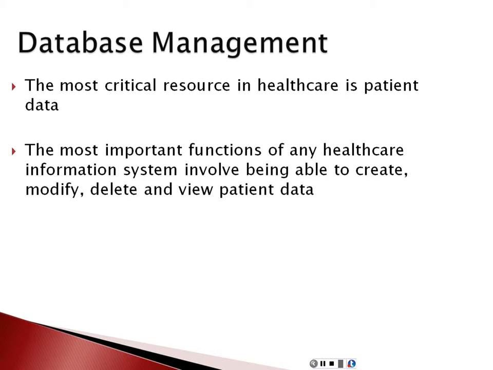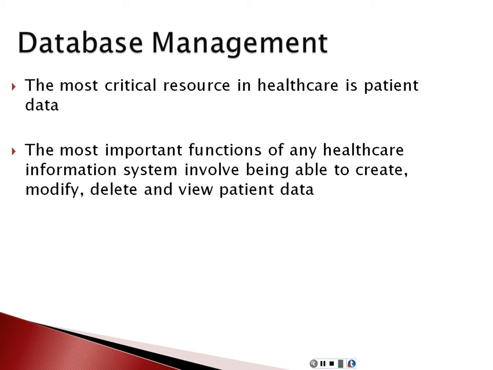Now, the most important functions of any healthcare information system involve creating the information, being able to modify it, delete it if needed, and to actually view patient data. Especially with the electronic health record, we have to not only have the data, we have to be able to view it and have access to it when it's needed.